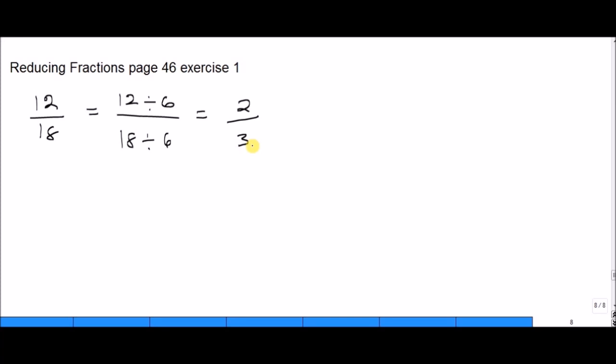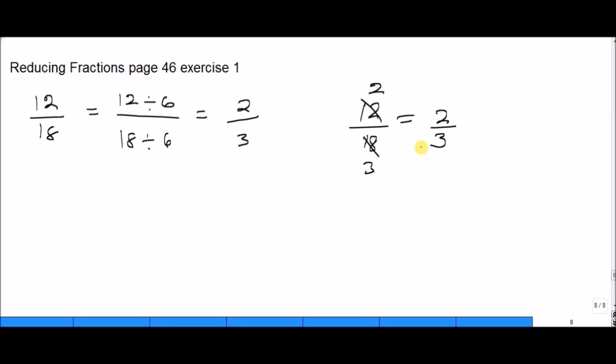The cancelling also, and they say 12 over 18, same 6 into 12 2, and 6 into 18 3, equal to 2/3.